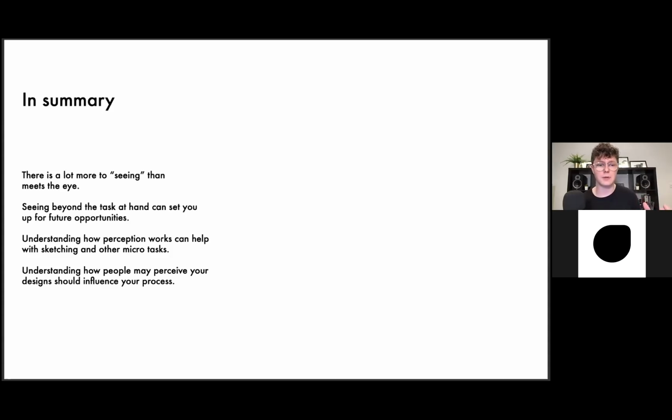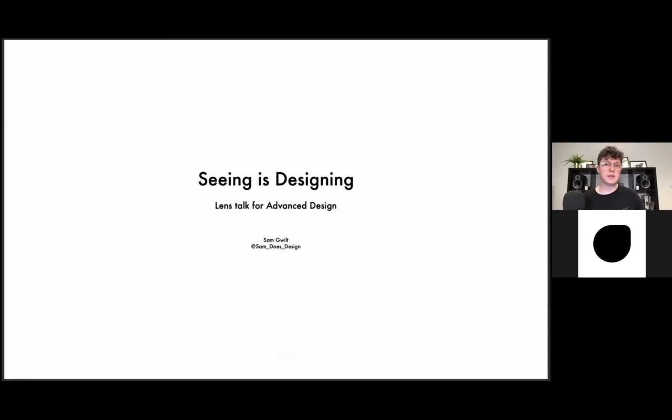And understanding how people may perceive your designs should influence your process as well. And the whole idea of people's perceptions of products are going to change based on the style of product that you make as well. So that has been the talk.